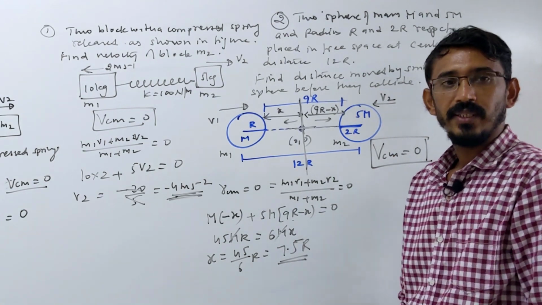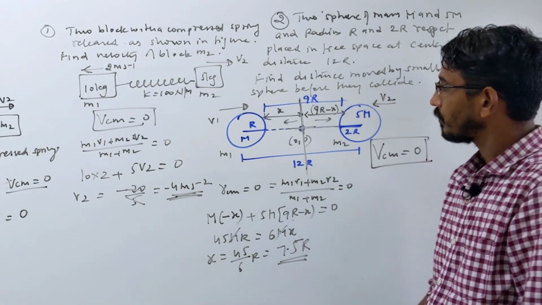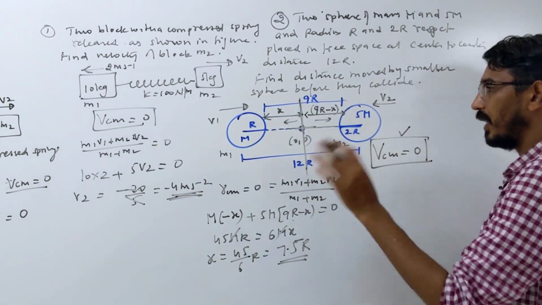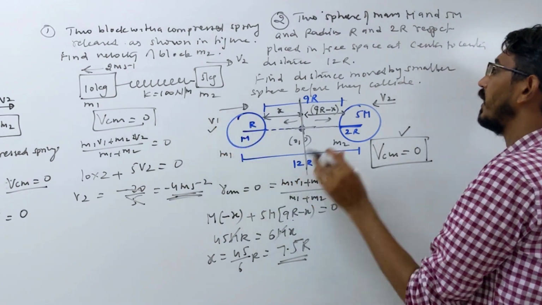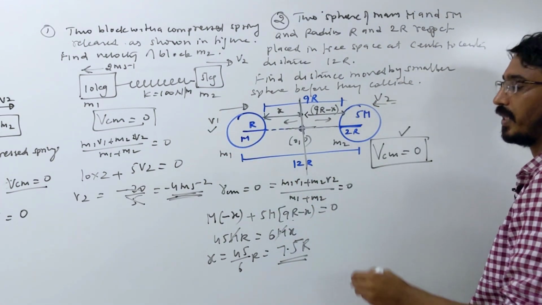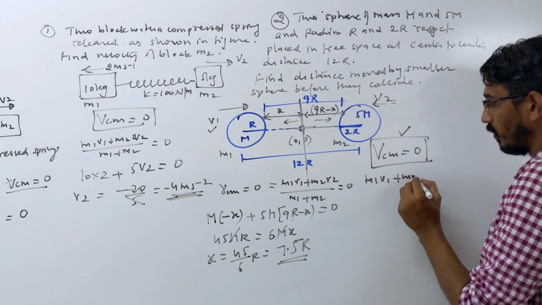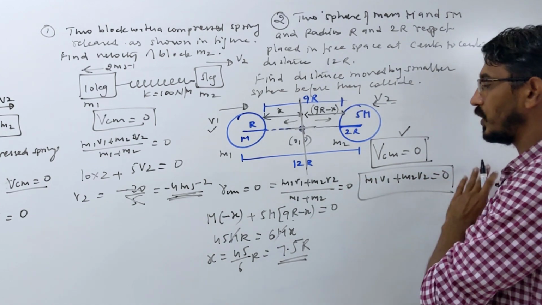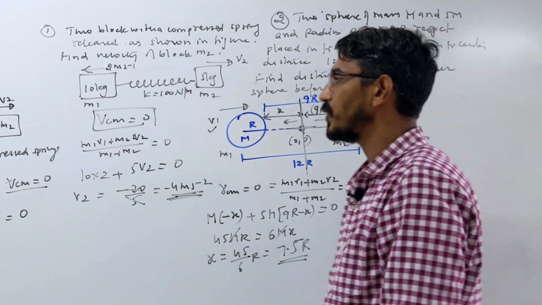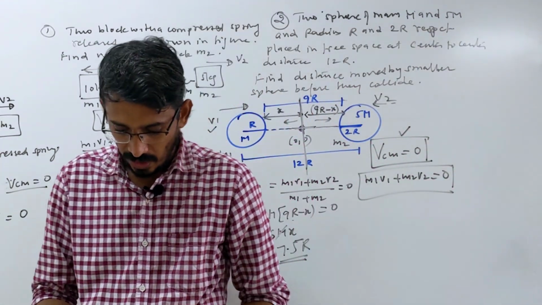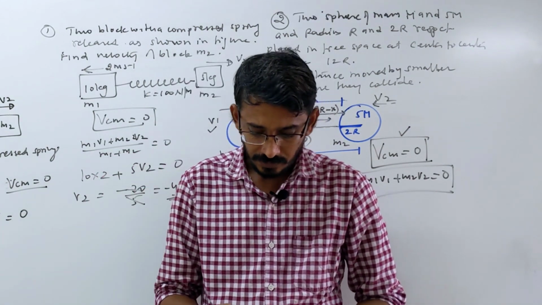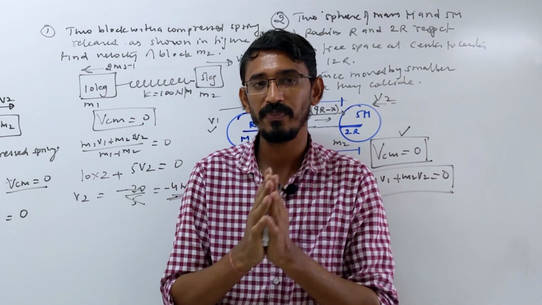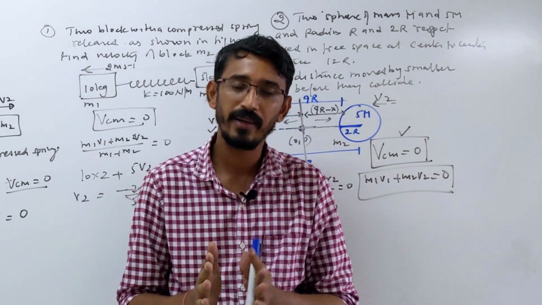Initially they are at rest, so the velocity of the center of mass is zero, and even though they move because of gravitational attraction, it stays 0. If the velocity of one piece is given, you can calculate the other: m1 v1 plus m2 v2 by m1 plus m2 equals 0, because the velocity of the center of mass will not change. So this is our complete topic on position and motion of the center of mass. All types of questions generally asked in the exam I have covered.